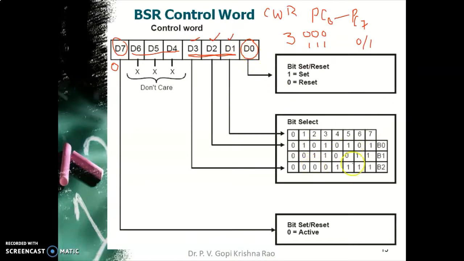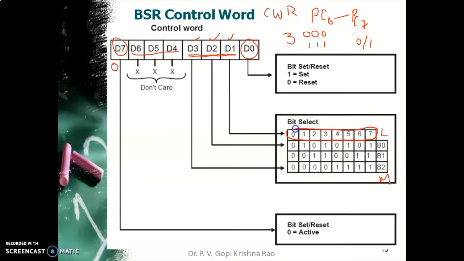If you look into this table here, D3 bit is the MSB and D1 is the LSB bit. And this row defines which bit of port C is being selected.